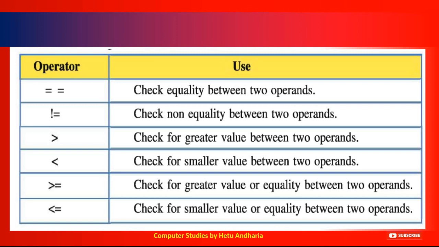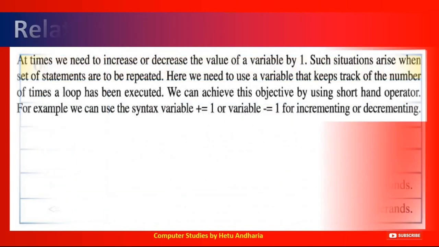MCQs could be asked from this, for example, which operator is used to check the non-equality between two operands. In that way, anything from this table could be asked as an MCQ. Fine, so we complete the relational operator here.